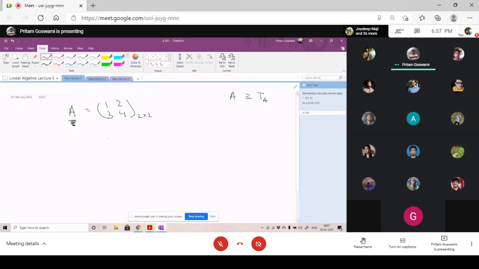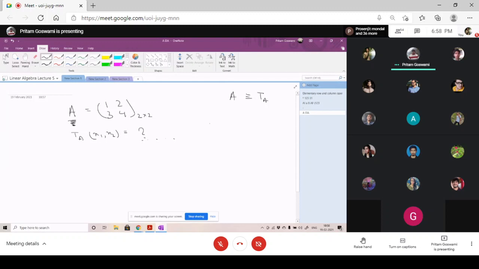Can anyone tell me? Suppose TA is the corresponding linear transformation. What is it then? What will be the result of TA of x1, x2?